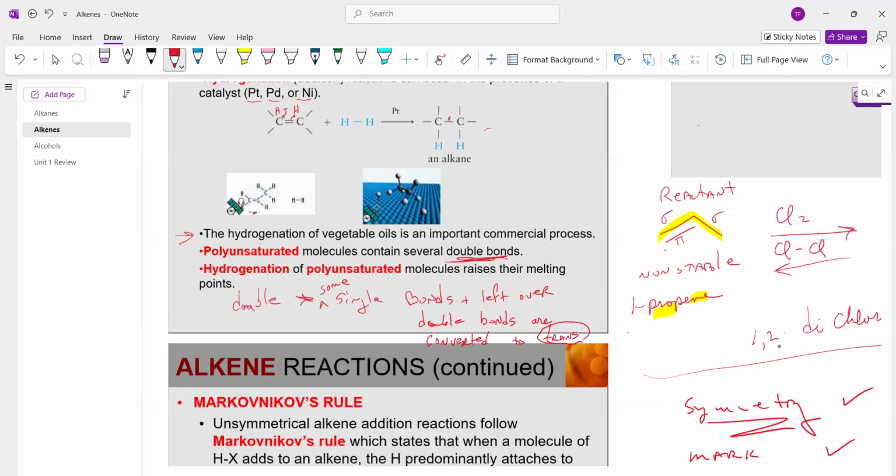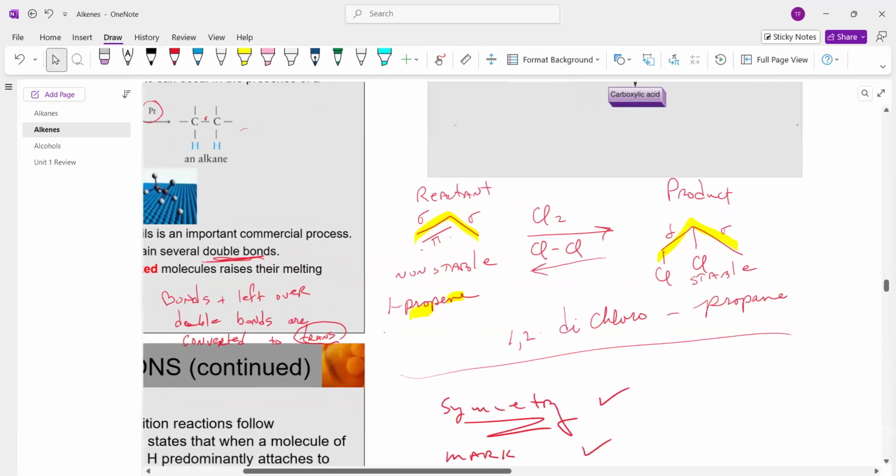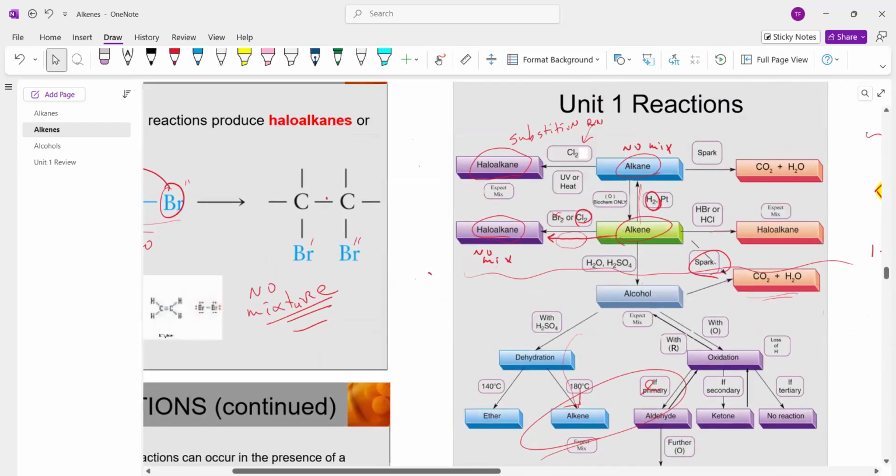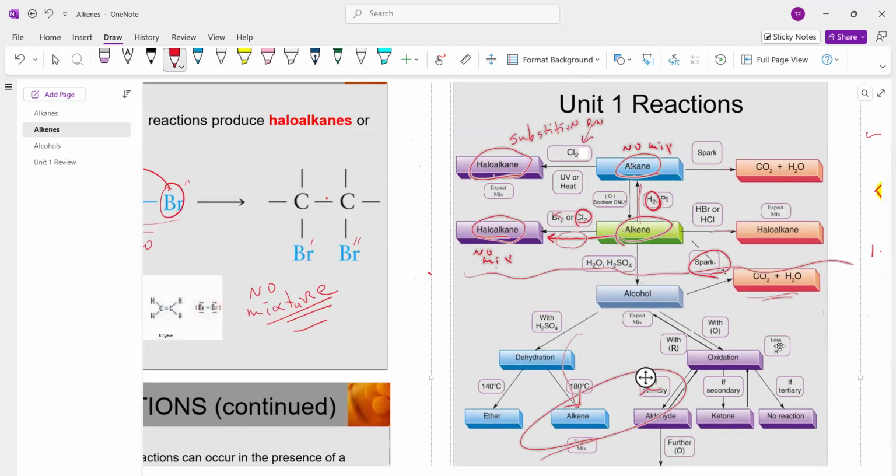So you've got to add a catalyst to make it happen. It won't happen just by bubbling hydrogen gas through an alkene. So that is in our flow chart. Right here.